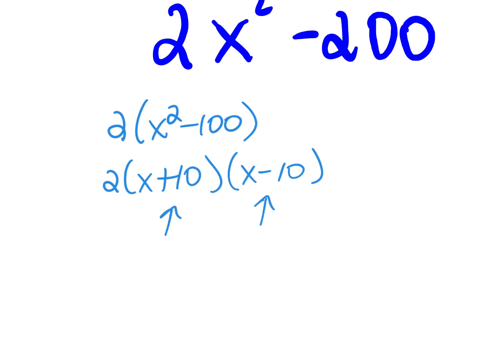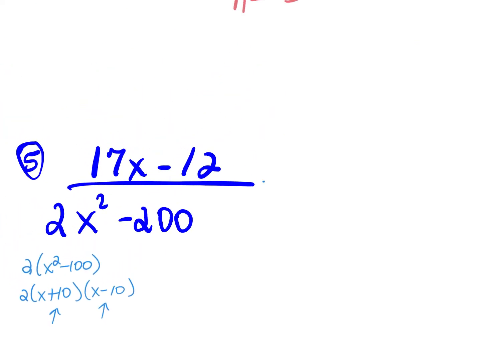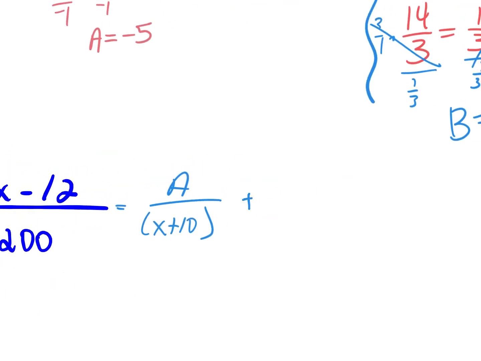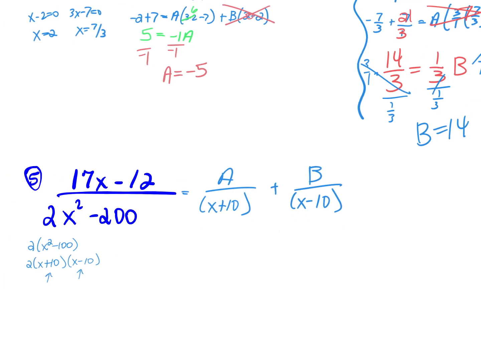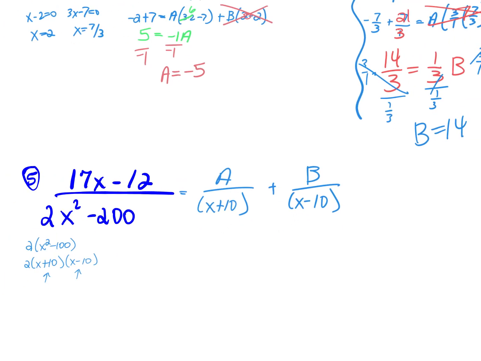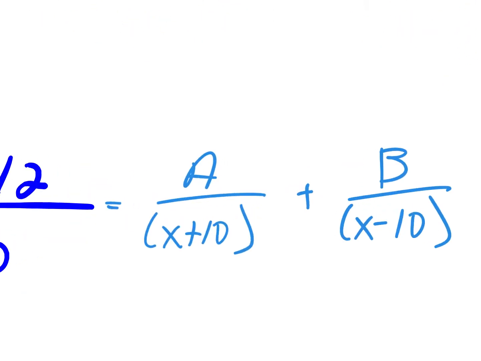So I'm going to break this down. I'm going to say equals A over x plus 10 first, and then here I'm going to put B over x minus 10. Again, doesn't matter. Figure out what fraction has what it needs. So A has x plus, it needs the x minus.